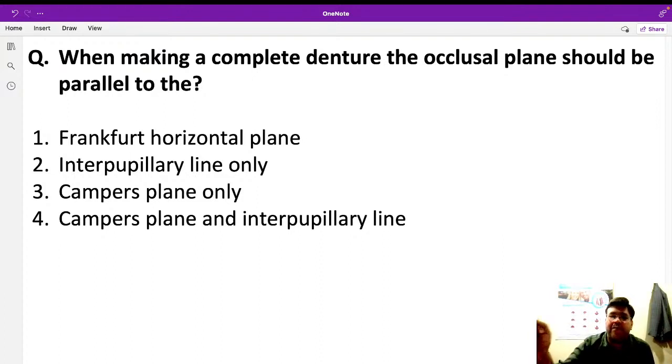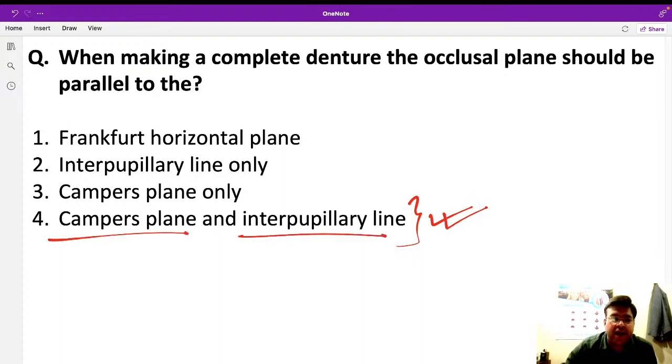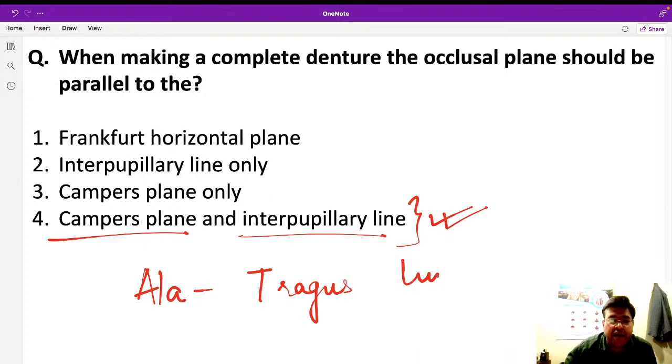So when making a complete denture, the occlusal plane has to be parallel to these two, the Camper's plane and the interpupillary line. What is the difference between the ala tragus line and Camper's line?